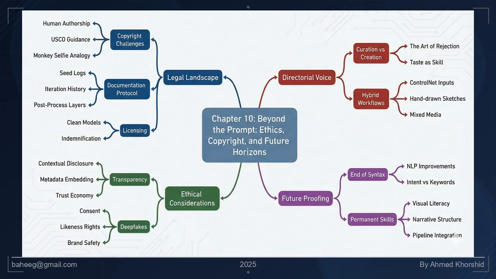Legal Landscape, Copyright Challenges, Human Authorship, USCO Guidance, Monkey Selfie Analogy, Documentation Protocol, Seed Logs, Iteration History, Post-Process Layers, Licensing, Clean Models, Indemnification, Ethical Considerations, Transparency, Contextual Disclosure, Metadata Embedding, Trust Economy, Deepfakes, Consent, Likeness Rights, Brand Safety, Directorial Voice, Curation vs Creation, The Art of Rejection, Taste as Skill, Hybrid Workflows, ControlNet Inputs, Hand-Drawn Sketches, Mixed Media, Future-Proofing, End of Syntax, NLP Improvements, Intent versus Keywords, Permanent Skills, Visual Literacy, Narrative Structure, Pipeline Integration.